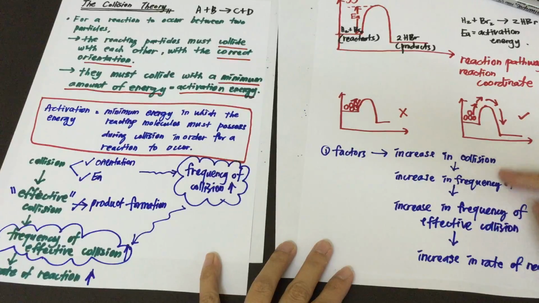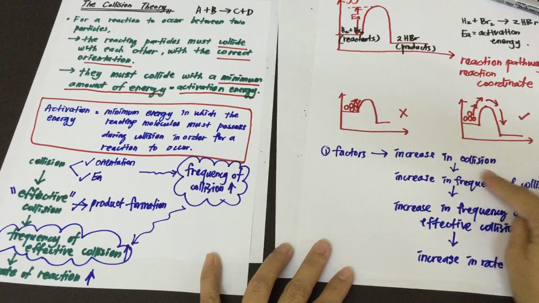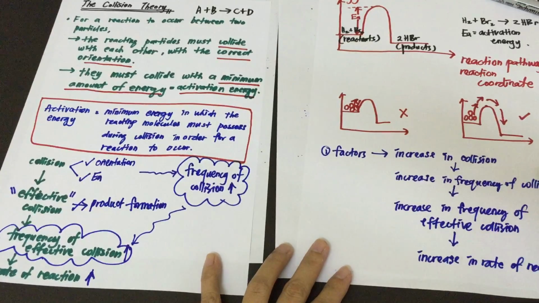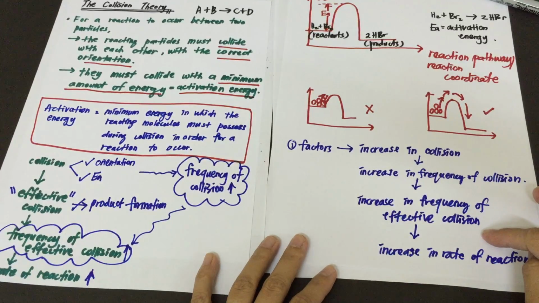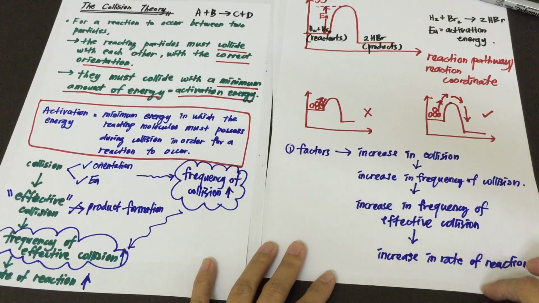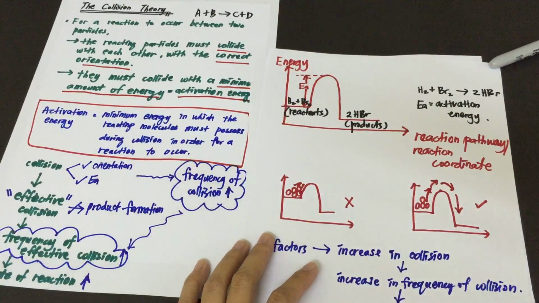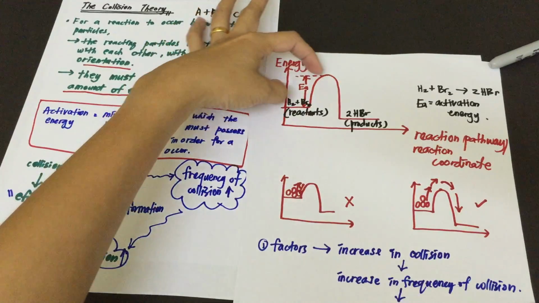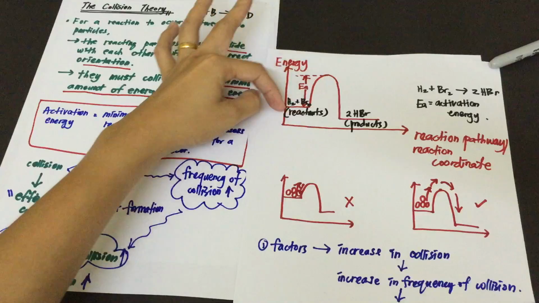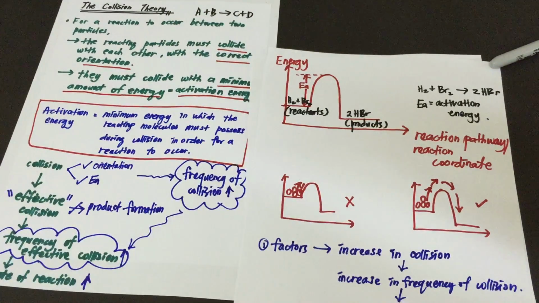Then we will explain in this routine: different factors lead to an increase in collision, from an increase in collision to an increase in the frequency of collision, and from that to an increase in frequency of effective collision, and then to the rate of reaction. Also do not forget how to label the activation energy. That is, from the energy level of reactants up to the top of the hill of the whole energy level diagram. This will be the activation energy. Thank you.